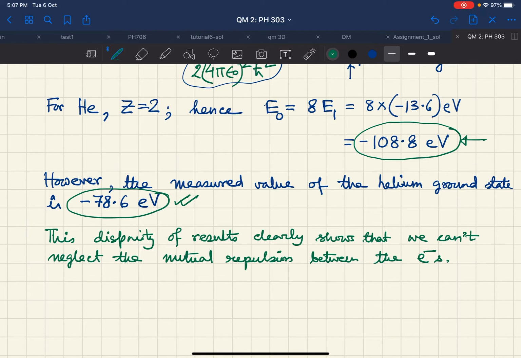Of course, it plays a significant role in the ground state energy. It is clear from this disparity of minus 108.8 electron volt and minus 78.6 electron volt. This is the calculated value when we have neglected the mutual repulsion term, and this is the observed value, minus 78.6.